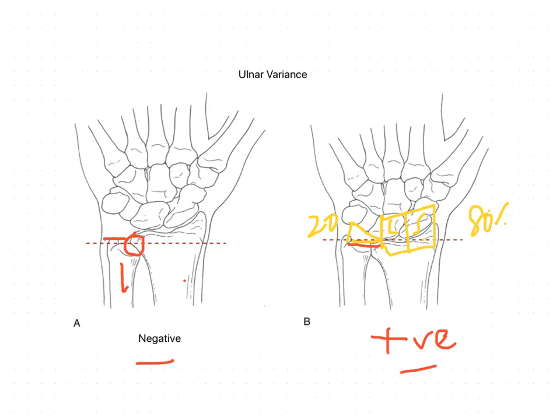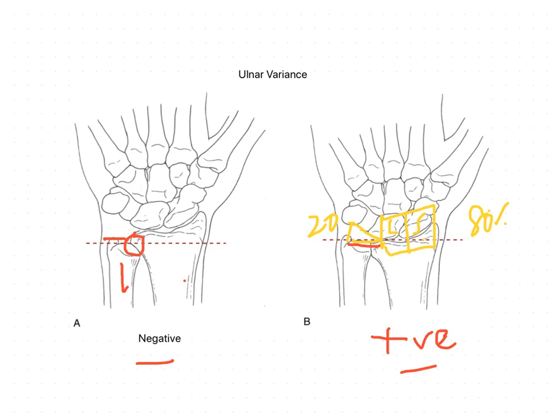In the case of positive variance, what will happen? The space between this ulna as well as the triquetrum is going to decrease. The structure which is present in between them, that is the fibrocartilaginous complex, is going to impinge during the movements of the wrist.